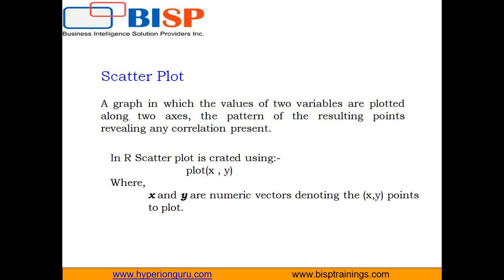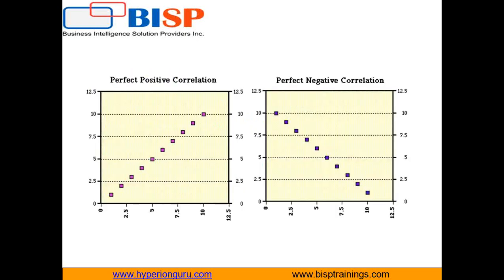Scatterplots usually consist of a large body of data. The closer the data points come, when plotted, to making a straight line, the higher the correlation between the two variables, or the stronger the relationship. So this is the correlation diagram for scatter plots.